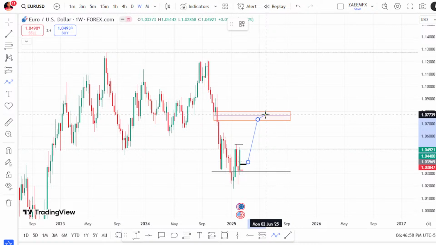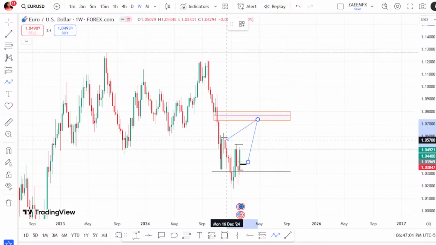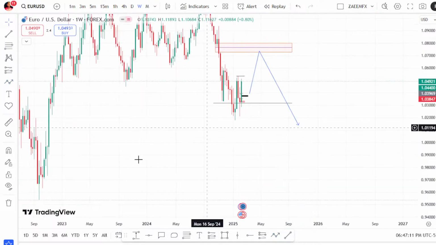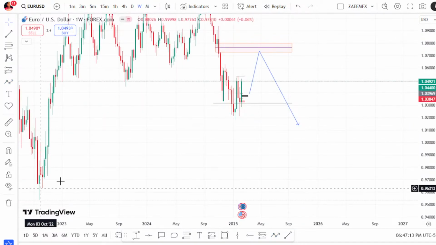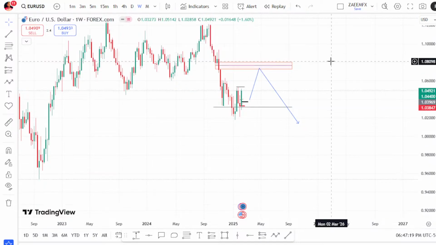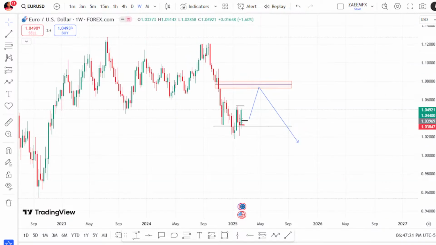That is the highest it can reach. So if the market reaches here and gives me any confirmation, I'll go short and target this low. Then obviously this overall low. So this is what I'm watching on the Euro USD.